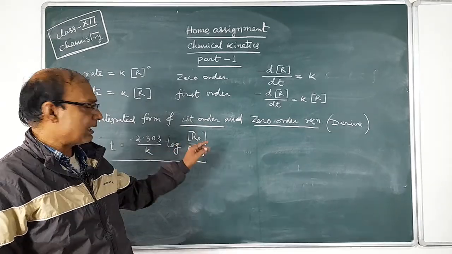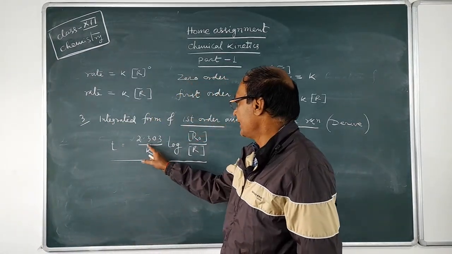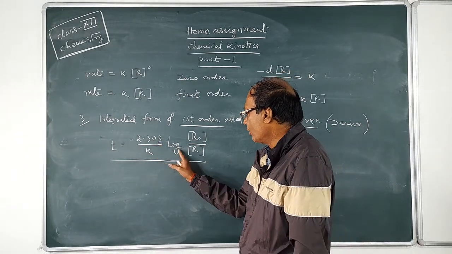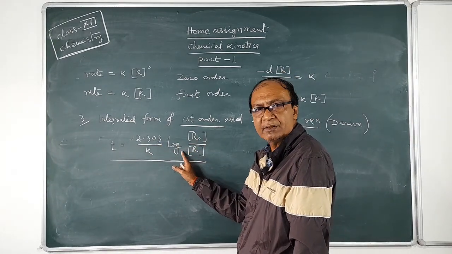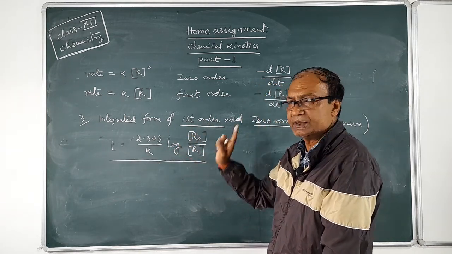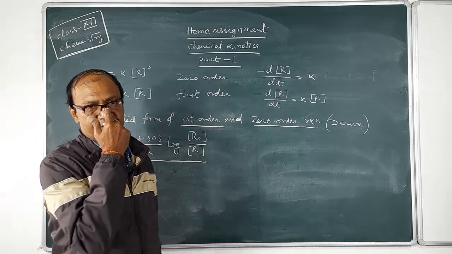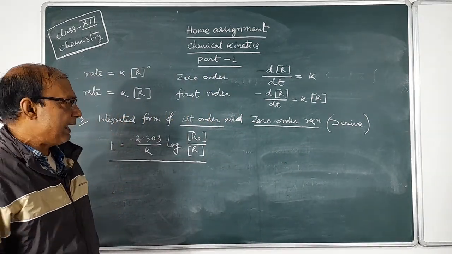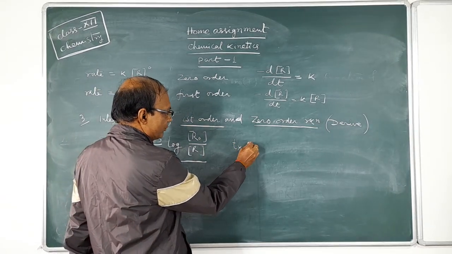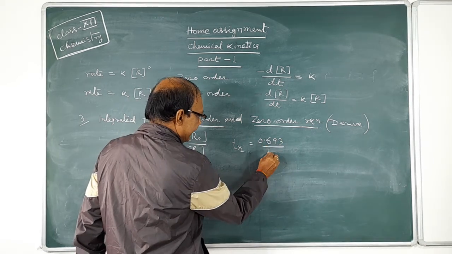This log is base 10. You have to solve many types of numerical questions from it. And its T half, that is half life period, is equal to 0.693 by K.